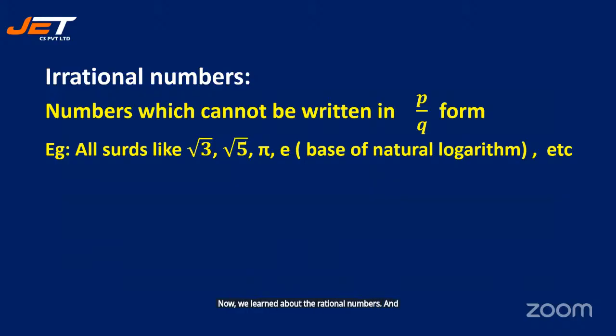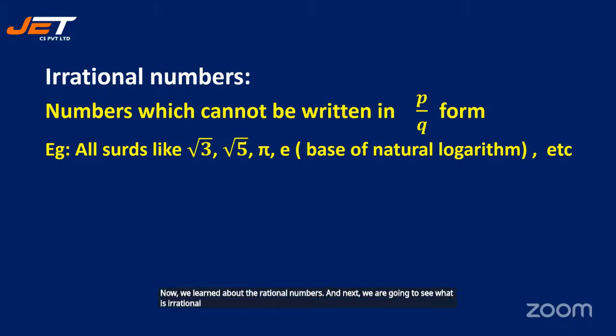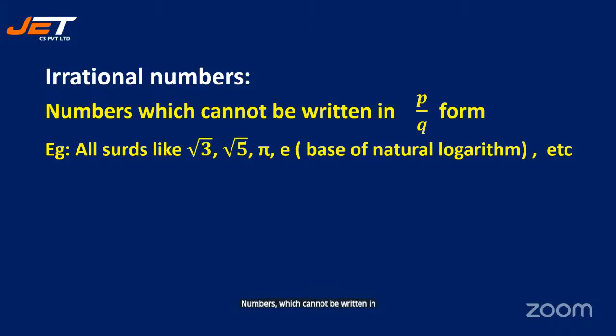Next we are going to see what are irrational numbers. Numbers which cannot be written in the form of p by q are called irrational numbers. It's very simple. Any number that can be written in the form of p by q, we call rational numbers.